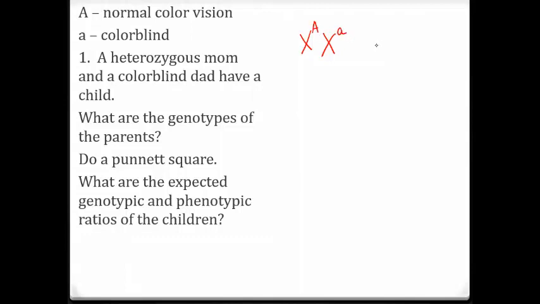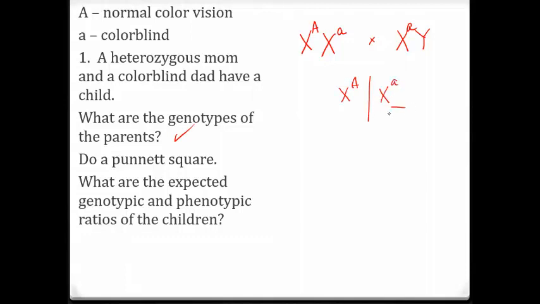Heterozygous means different, one of each. And the father, we need to have an X with a Y, since he has XY chromosomes. And he's colorblind, which means his X contains the information for colorblindness. It's a lowercase a.